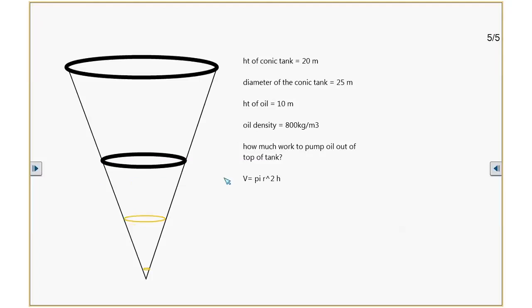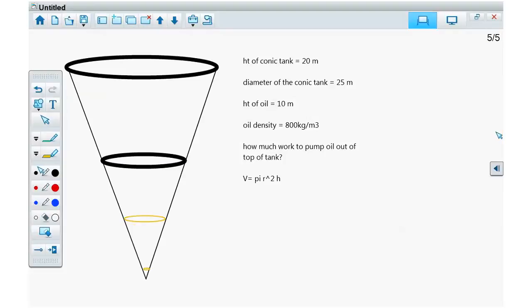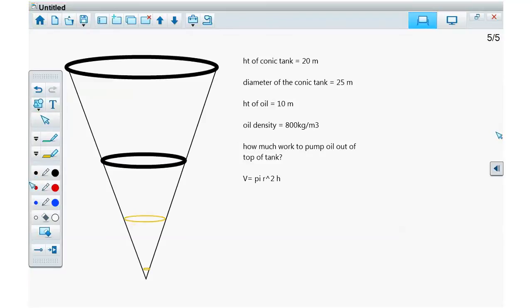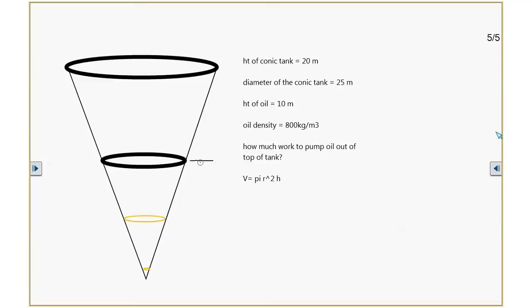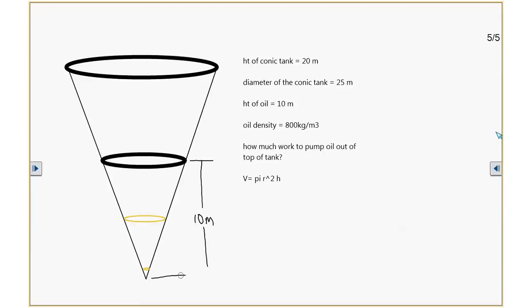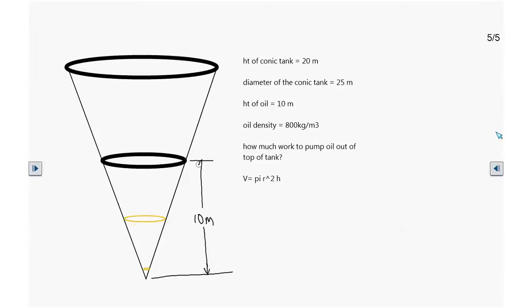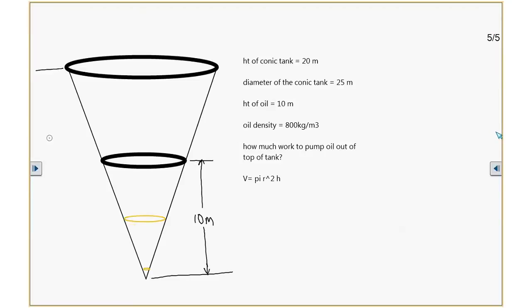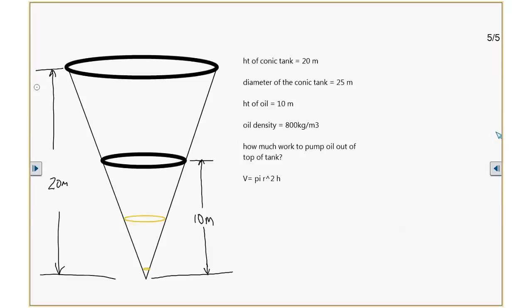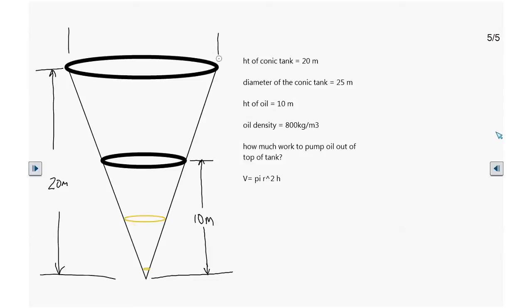I'm going to do that because it does help to label it, especially with your yellow radiuses there. We know this is 10 meters of oil, and we know this is 20 meters, and we know this is 25 meters.